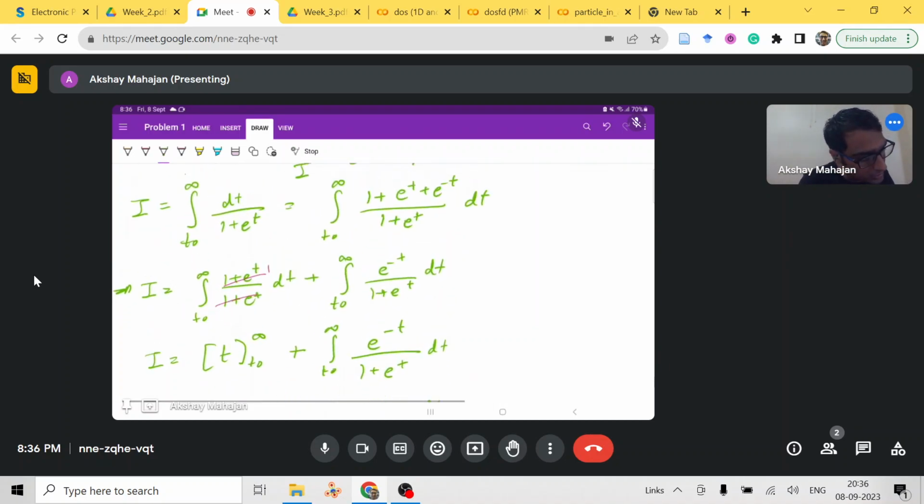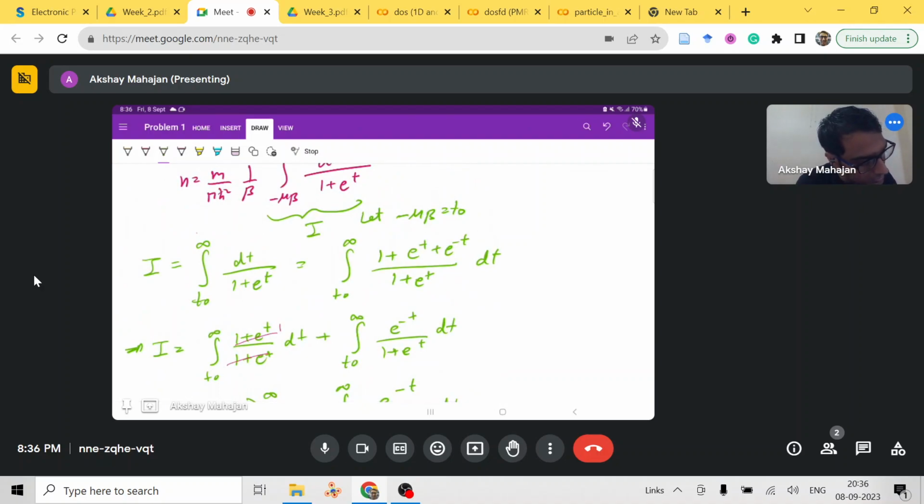Sorry about that. We can write 1 plus e to the power t minus e to the power t, divided by 1 plus e to the power t.